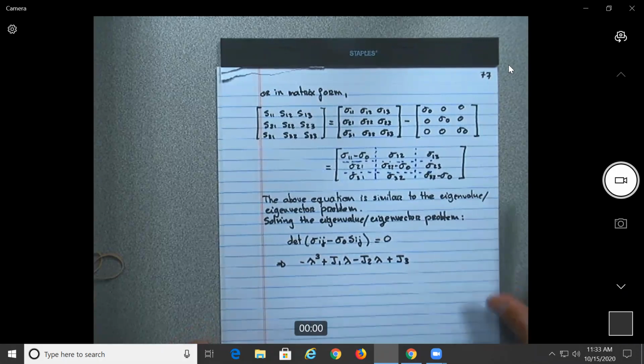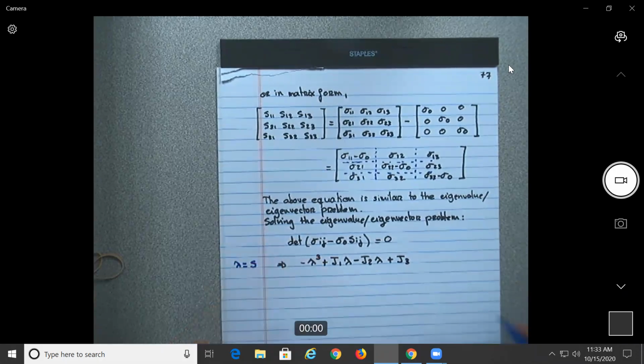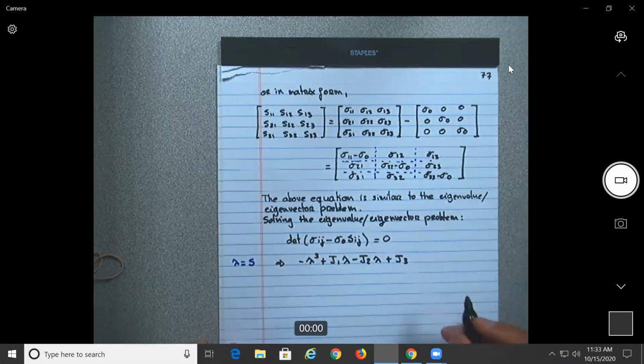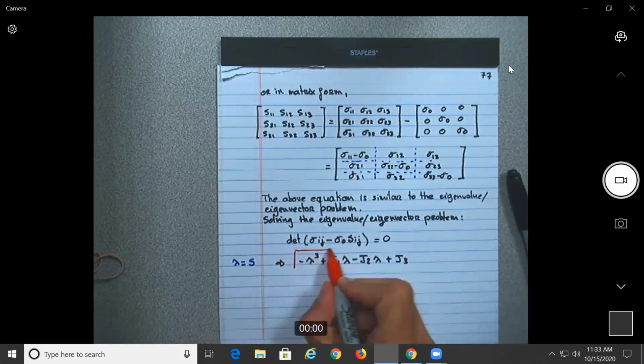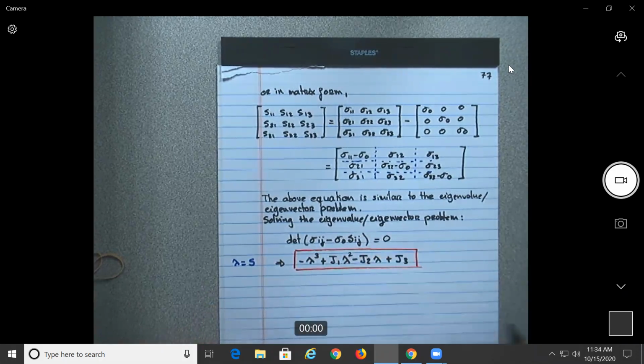So where lambda here is the same thing as the S vector. We have that J1. So this is the characteristic equation. I'm pretty sure I forgot to put a 2 here, I don't have it in my notes. Otherwise it makes no sense.